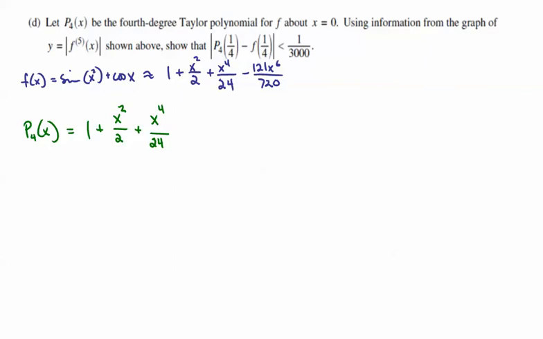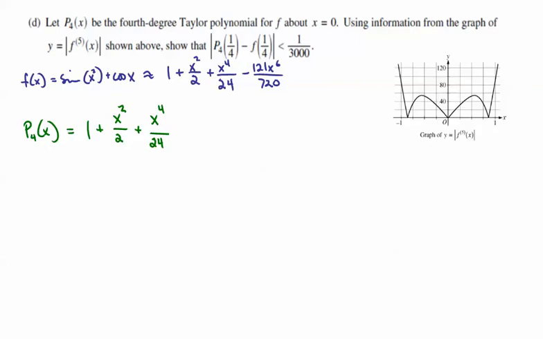Since we're going to be referencing this graph of the absolute value of the fifth derivative, I just want to put a copy of it onto our workspace. Now, this expression, the absolute value of p sub 4 of 1/4 minus f of 1/4.